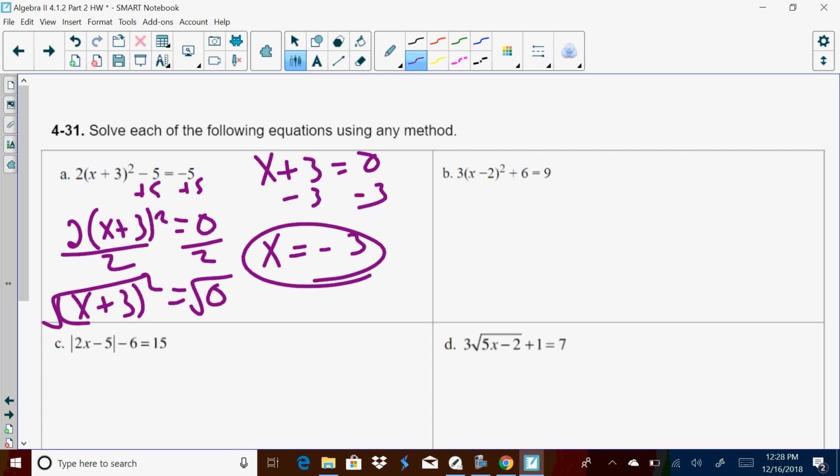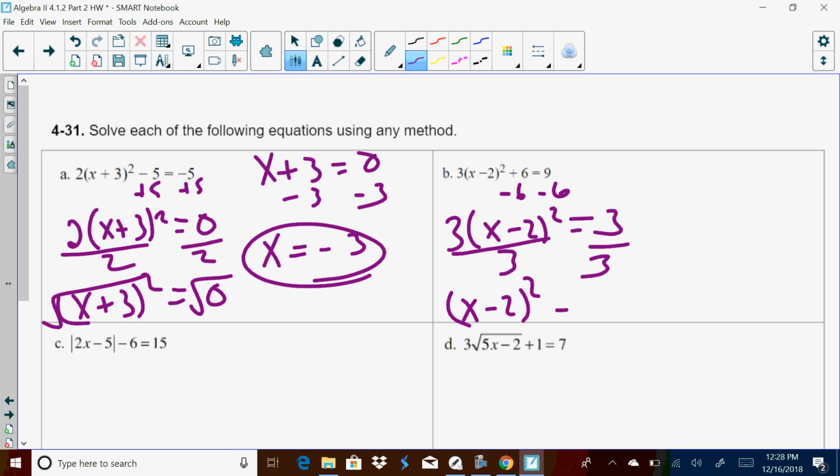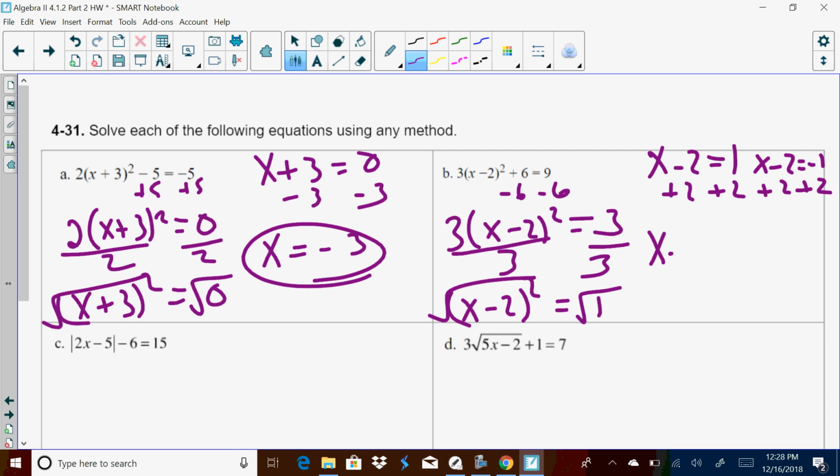Part B, I subtracted 6 from both sides, got 3 groups of (x minus 2) squared equals 3, divided by 3, got (x minus 2) squared equals 1, square root, x minus 2 equals 1, or x minus 2 equals negative 1. Add 2. So x equals 3 or 1.